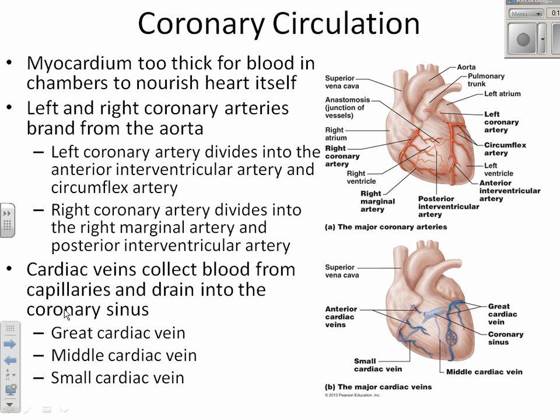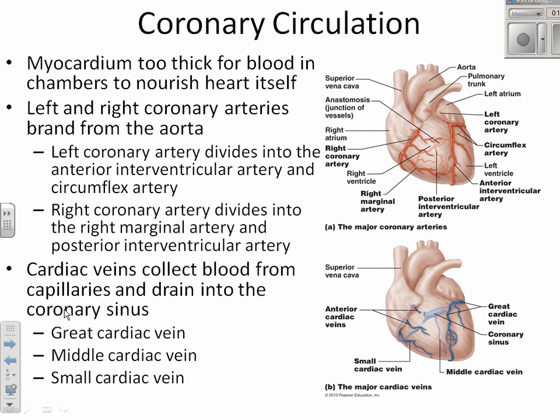Do y'all see that? So what is that? By having the heart kind of transparent, you can see the anterior and posterior coronary circulation. These pictures are kind of neat to look at where you can see that. But the myocardium is very thick, so the blood that's in the chambers is not enough diffusing into the heart.